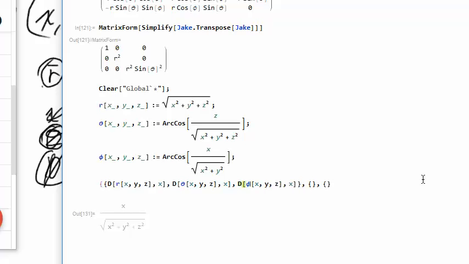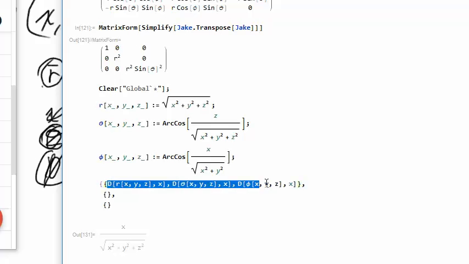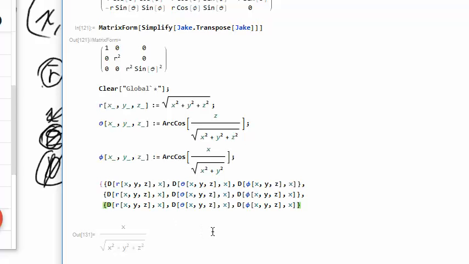So that'll be one line, and then we're going to copy that whole line in here and here. This time, I'm going to change this to y and this to z, this to y, this to z, and this to y, and this to z.